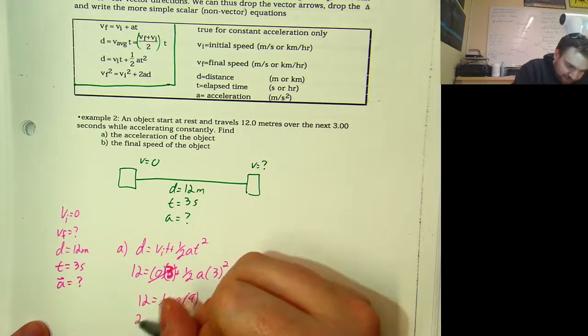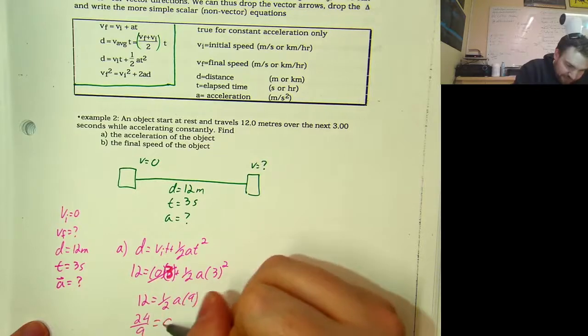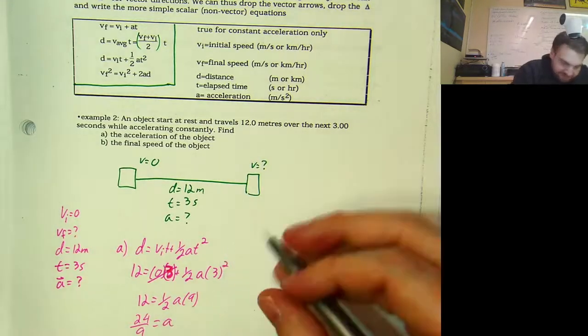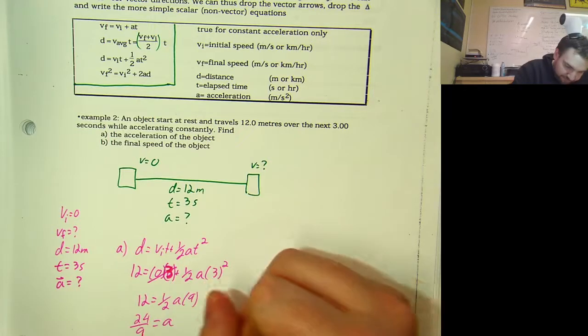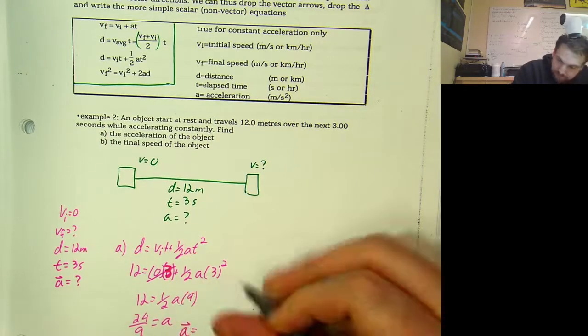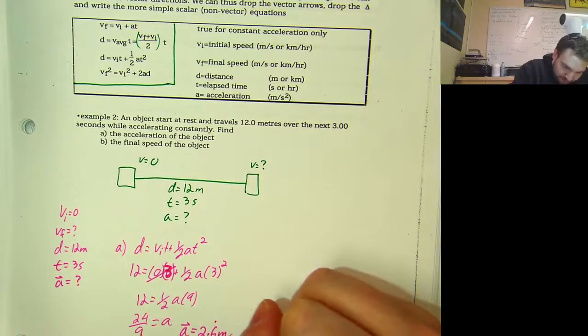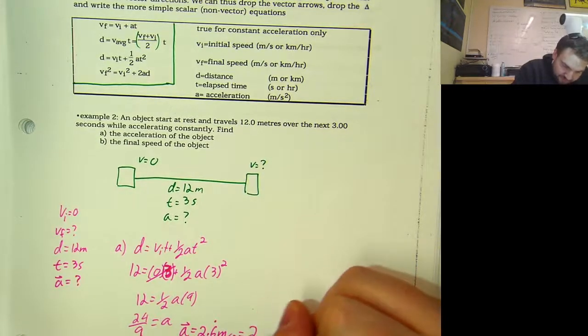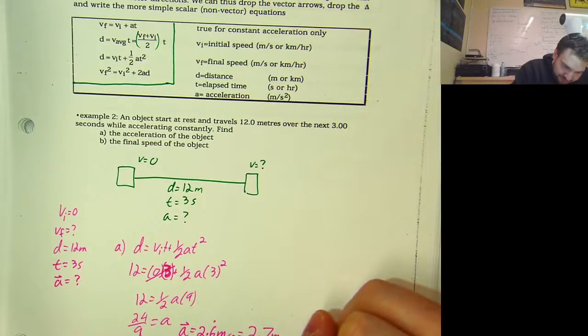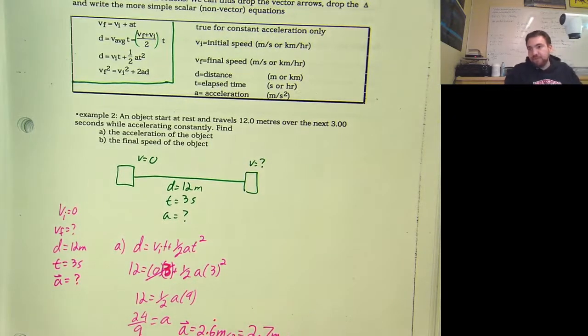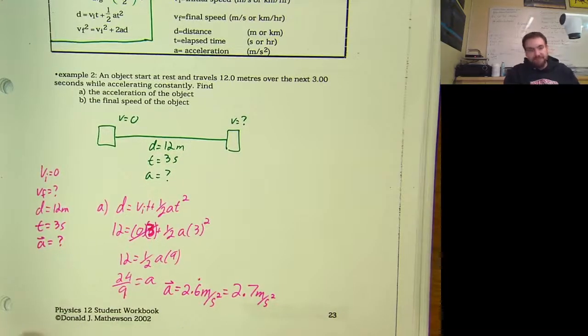When I multiply by 2, it's going to give me 24 over 9 equals A, which is going to give us an acceleration of 2.6 repeating meters per second squared, which we can write as 2.7 meters per second squared. Oh, sorry. That's it. Done.